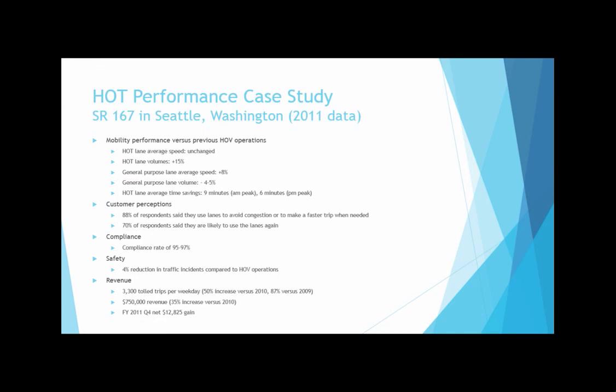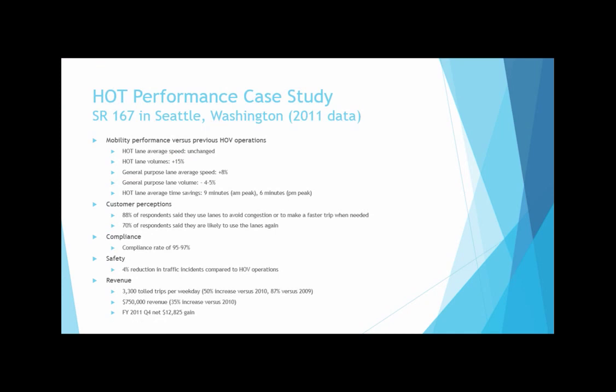Customer perceptions overall were very good, with 88% of respondents saying they use the lanes to avoid congestion and make a faster trip. And then 70% of them said they were likely to use the lanes again. The compliance rate was very high at 95 to 97%. In terms of safety, there was a 4% reduction in traffic incidents compared to the previous HOV operations.